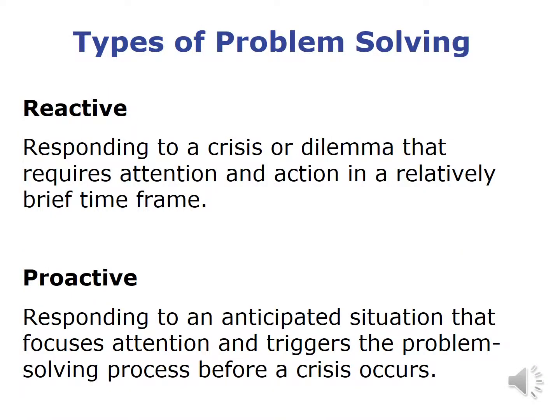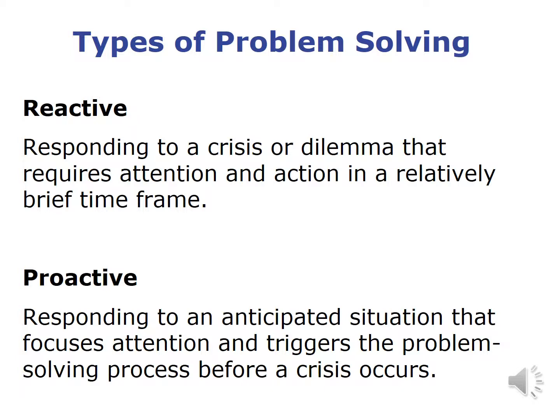There are 2 types of problem solving, reactive and proactive. Reactive problem solving involves responding to a crisis or dilemma that requires attention and action in a relatively brief time frame.